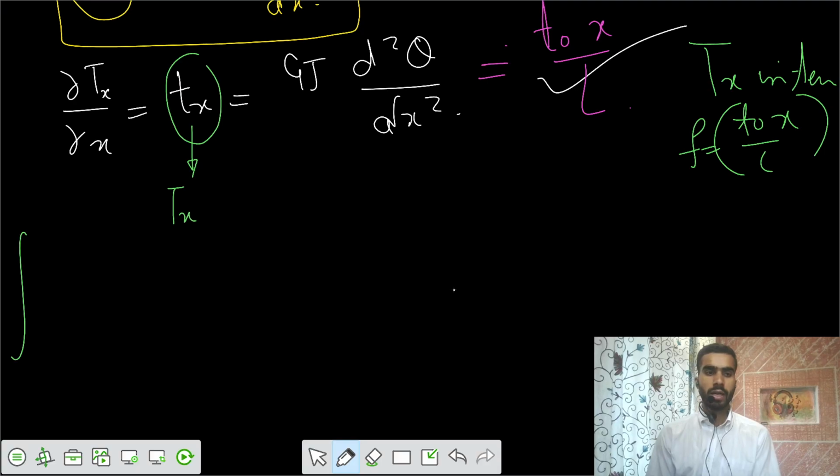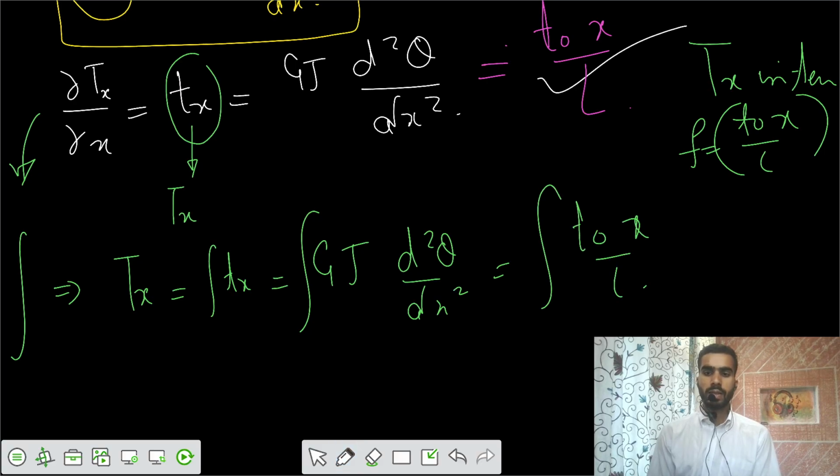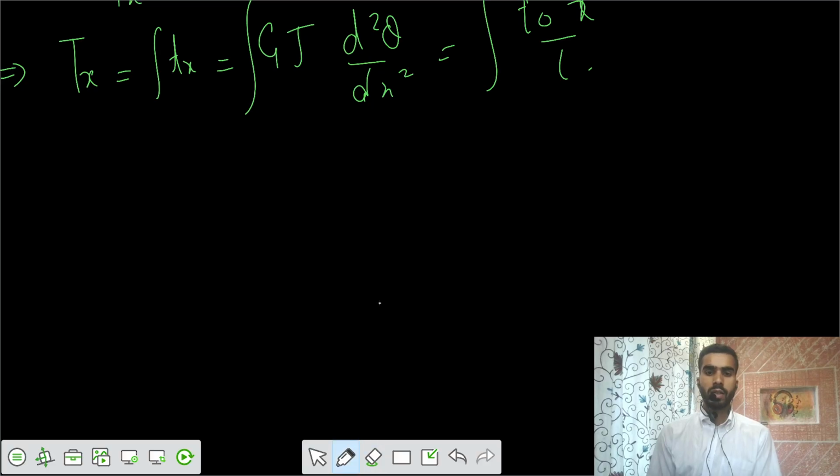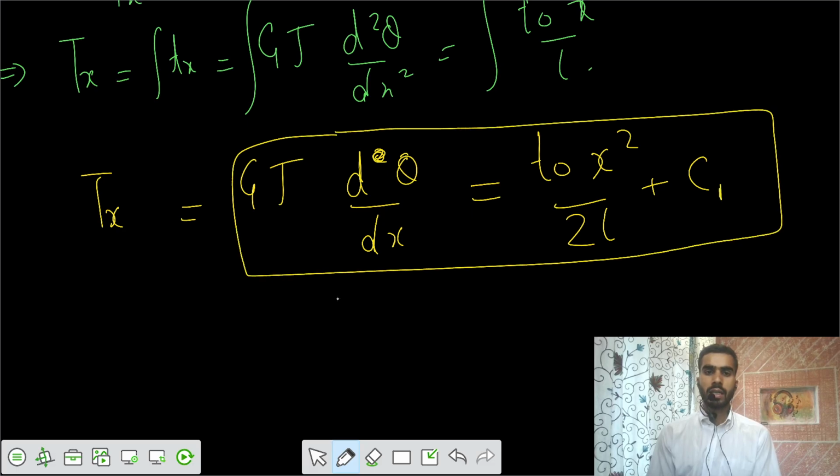If I integrate it, the torque at any x equals the integral of Tx, that equals GJ integral of d2 theta by dx2, that equals integral of T0 x by L. So the torque at any x equals GJ d theta by dx, that is equal to T0 x squared by 2L plus some constant c1.